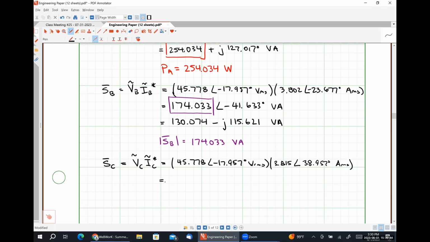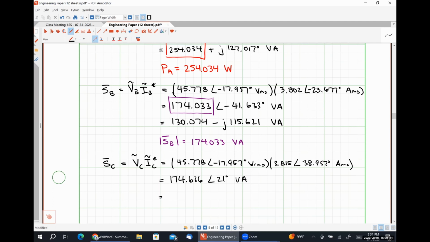So this is going to be Y times the conjugate of D, which I get to be 174.636 with an angle of 21 degrees, volt amperes.